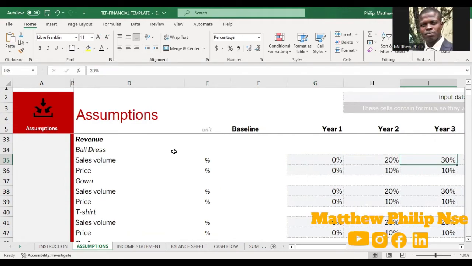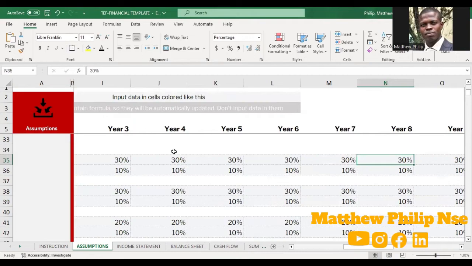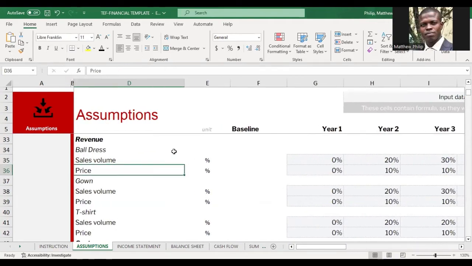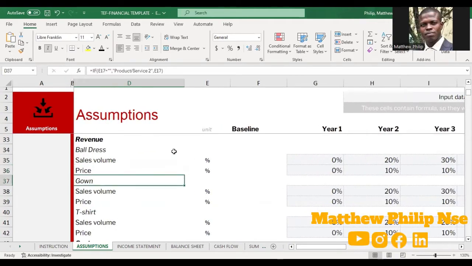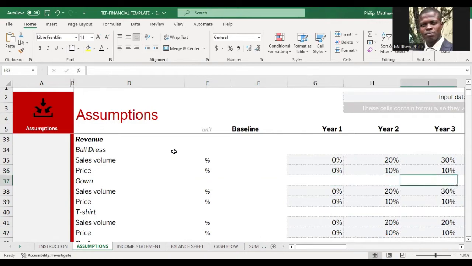Then year 2, it will grow by 20%. In year 3, it will grow by 30%, and it will maintain a 30% growth rate per annum after year 2. Then the price of board dress is projected to increase by 10% per annum from year 2.